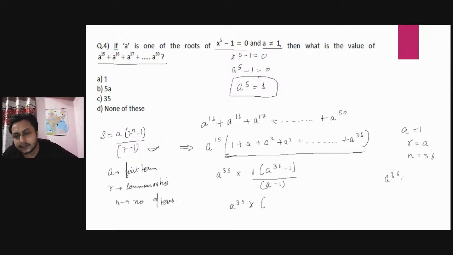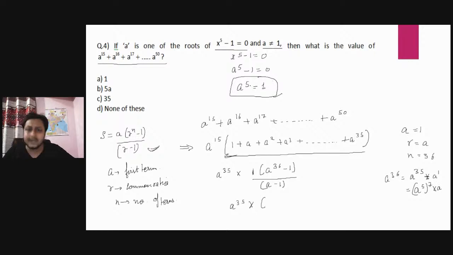Can we write a power 36 as a power 35 into a power 1? And a power 35 is, because it is given that a power 5 is 1, a power 5 into 7 into a.